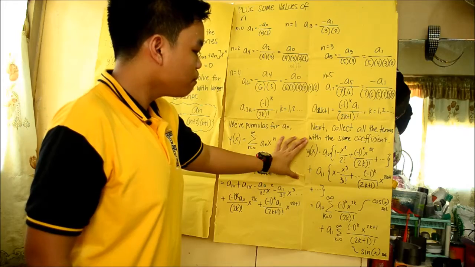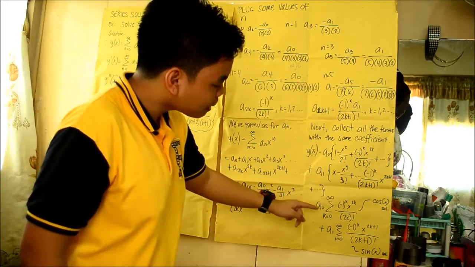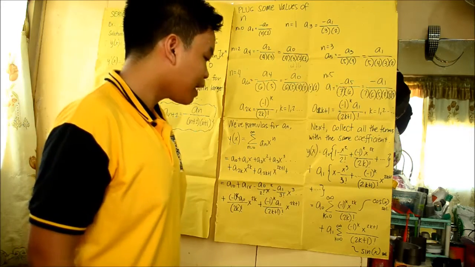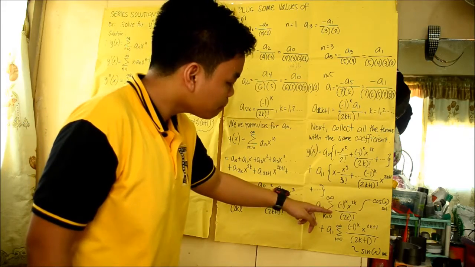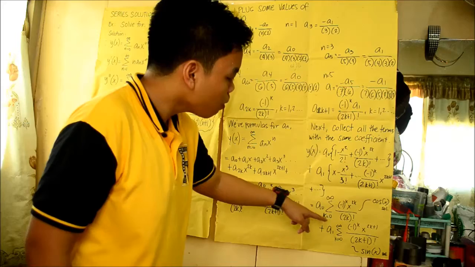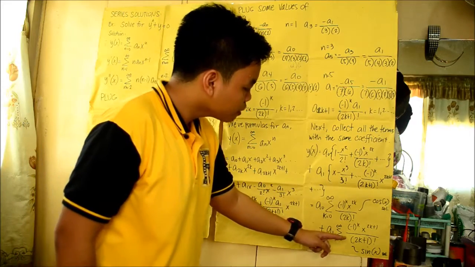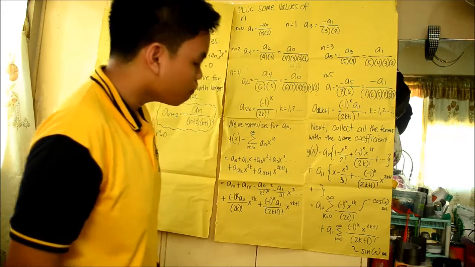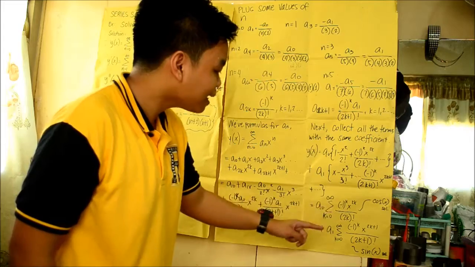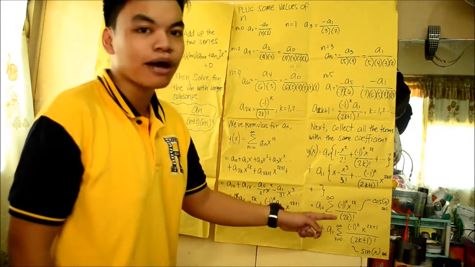Then we can formulate this answer: a sub 0 times the summation, k equals 0, negative 1 raised to k x raised to 2k over 2k factorial, plus a sub 1 times the summation, k equals 0, negative 1 raised to k x raised to 2k plus 1 over 2k plus 1 factorial.